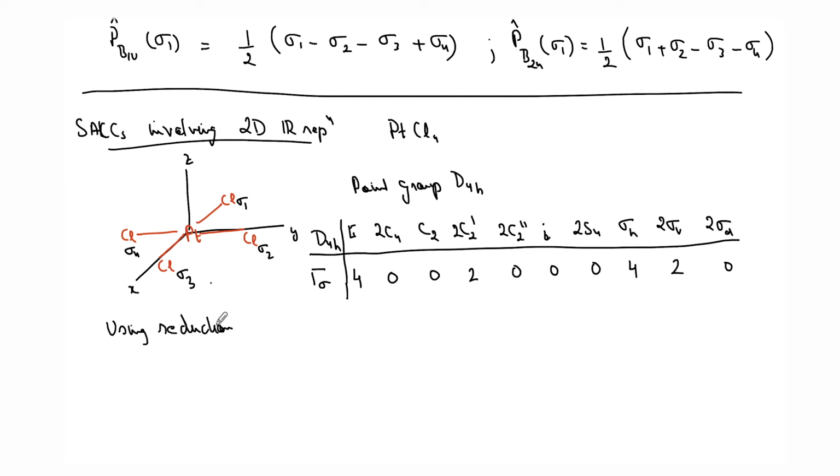Using the reduction formula we get gamma sigma equal to A1g plus B1g plus Eu.